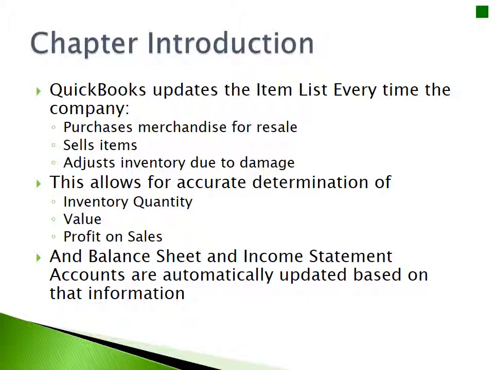Every time the company receives merchandise for resale, sells items, or adjusts inventory because of damage, QuickBooks records that information in the item list, which allows you to accurately determine inventory, quantity, value, and profit on sales. In addition, QuickBooks automatically updates balance sheet and income statement accounts based on that information.